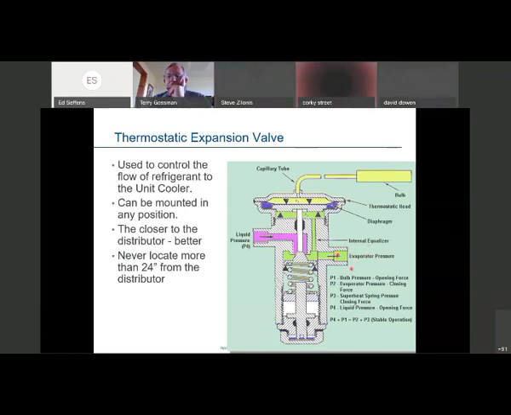So that 25 pounds pushes underneath this diaphragm, which causes the valve to want to close up, and we starve the coil, and our efficiency in the evaporator is greatly reduced.